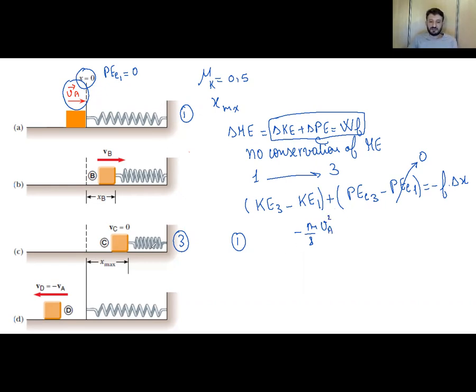For state 3, what do we have? We don't have velocity, so we don't have kinetic. And we have a maximum, half k x maximum squared. It's a new x, not the same as before, equals minus F times the displacement.